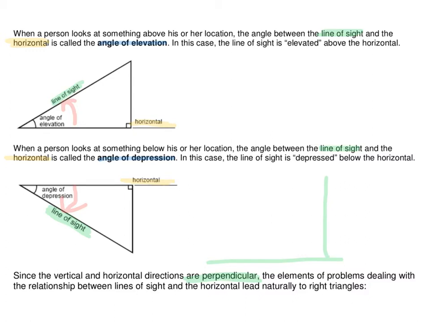So that could be either for an angle of elevation heading up, or we could see for an angle of depression looking down. Both cases work, and both cases end up constructing right triangles.